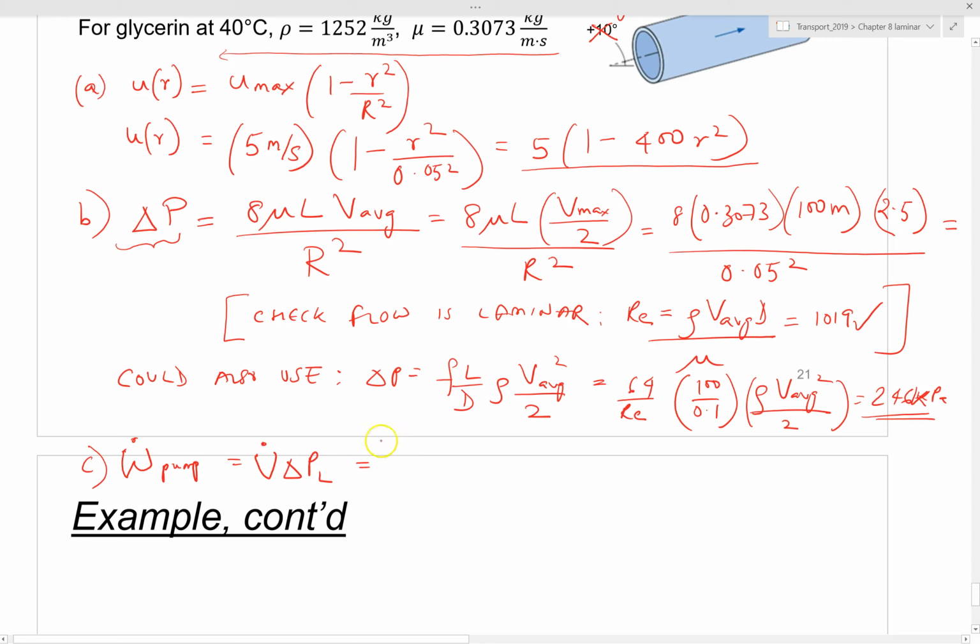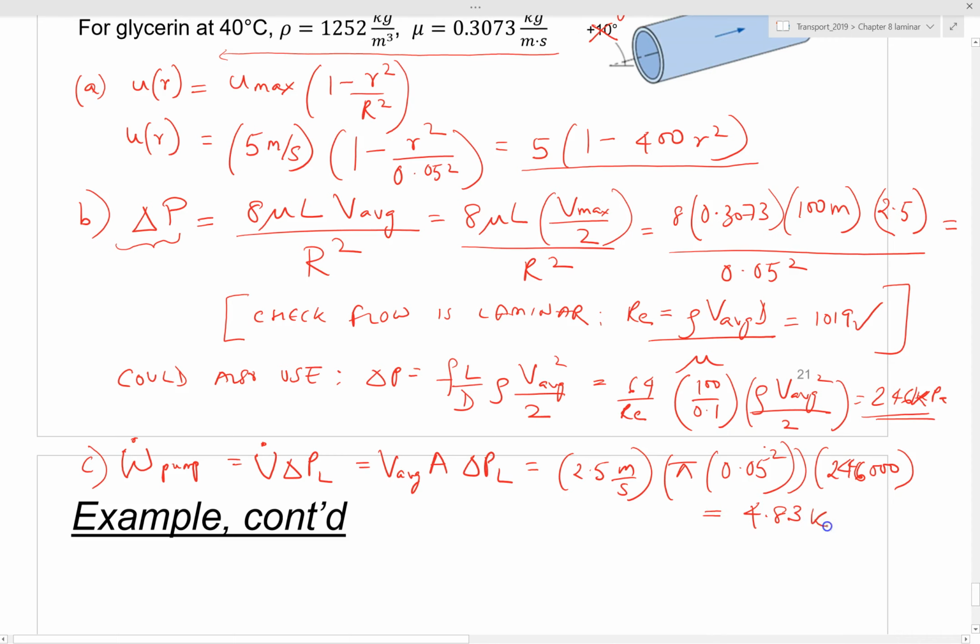So volumetric flow rate, which is V with a dot on top, is V average times area, cross-sectional area, times delta P, which is 2.5 meter per second times pi times 0.05 squared times 246,000, that is 246 kilopascals, which is equal to 4.83 kilowatt.